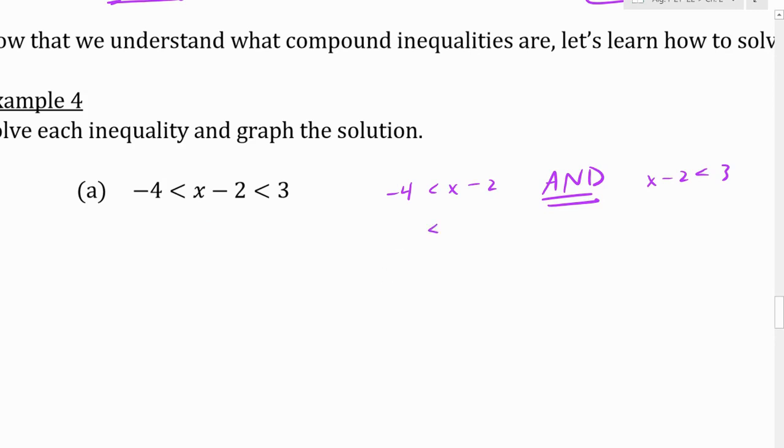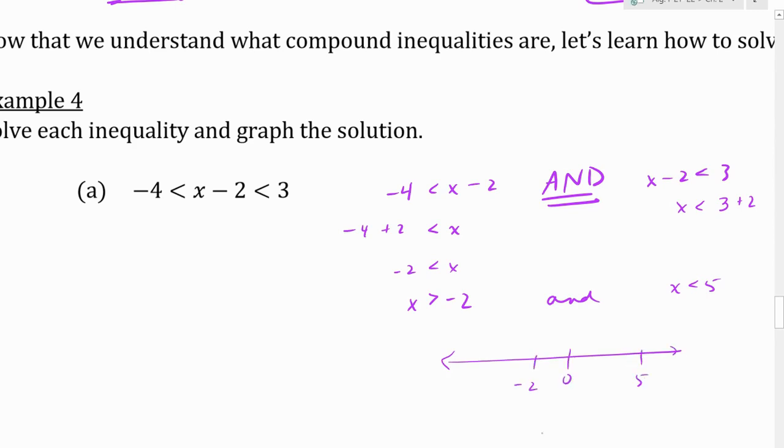So if I get x over here by itself, I'd add 2 to both sides. Compare it the other way. If negative 2 is less than x, x is greater than negative 2. This one's easier. Let's just add 2 to both sides. So x is less than 5. All right, so here's what I'm talking. Negative 2, 5, I'm greater than this, less than that.